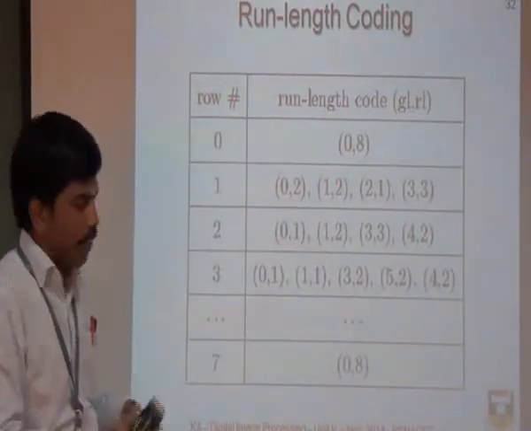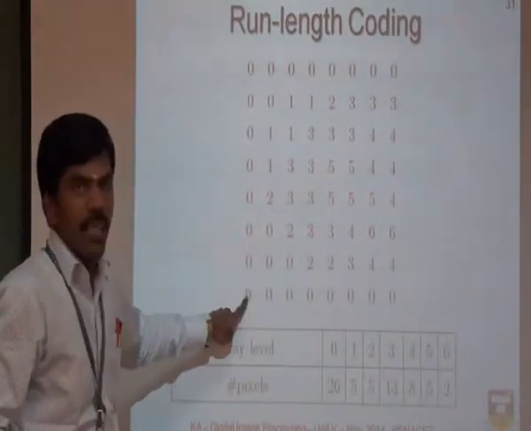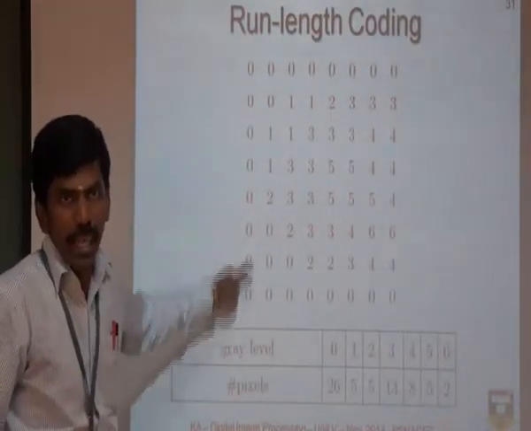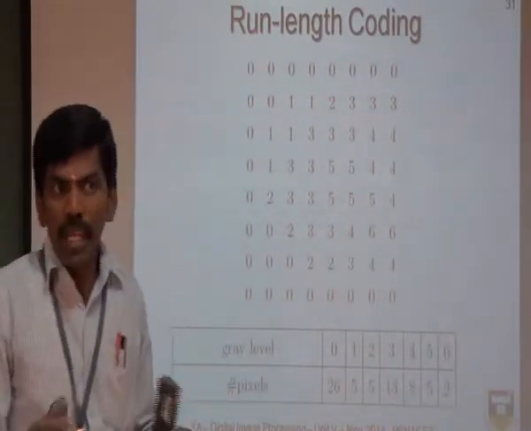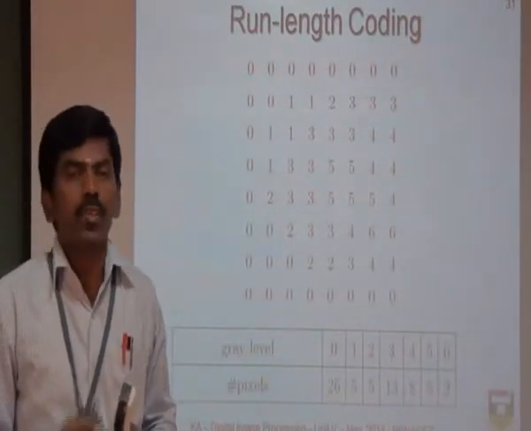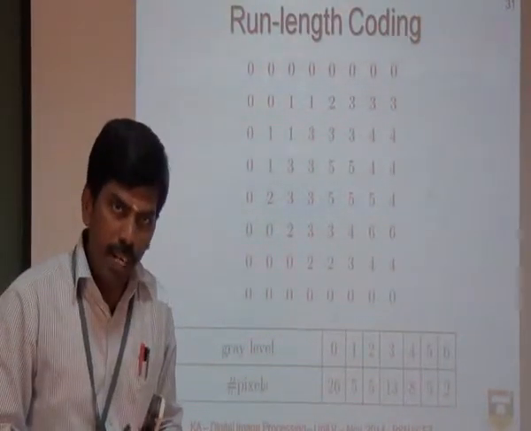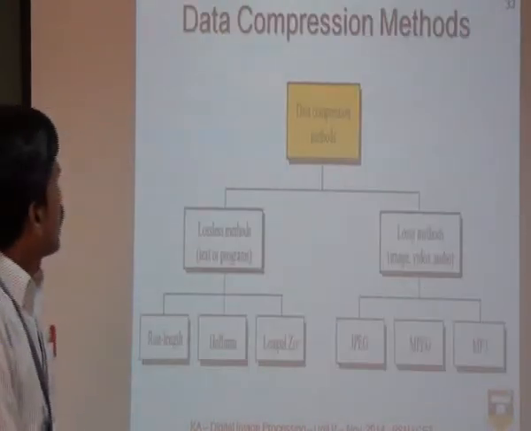Similarly, we can make it up to 7. In the 8th row, gray level 0 occurs 8 times. That is the example of how we represent run length code. The main use of run length code is that it automatically reduces the number of bits. Storage can be reduced, and bandwidth also reduces. That is the application.